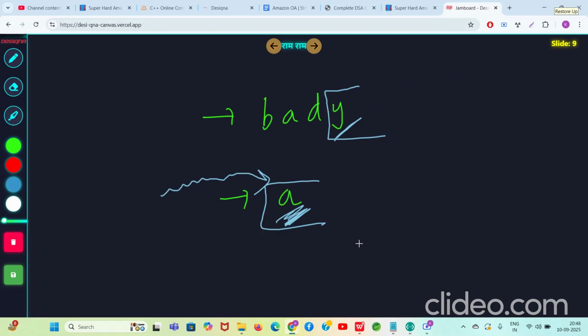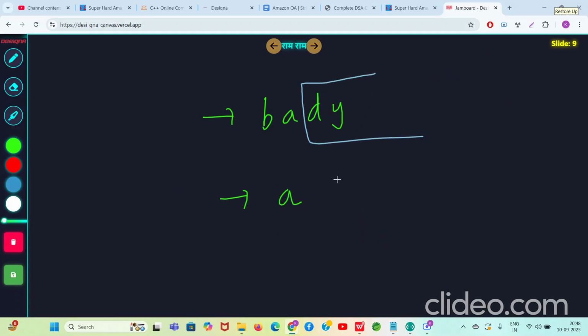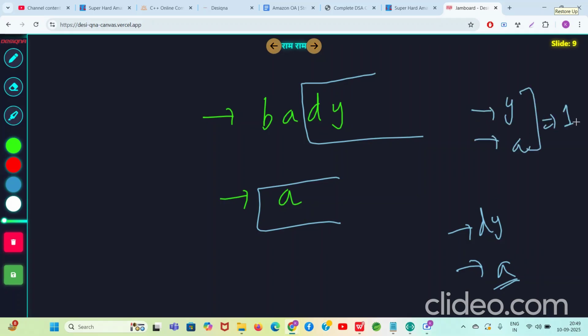Now, what if the question was asking you to solve for A and DY? Then what would be the answer? The first string is DY and the subsequences of DY we have to find which are greater than A. So you know if it is Y and A, the answer is what? 1. Okay. So what you can do is you can calculate the answer in two parts.